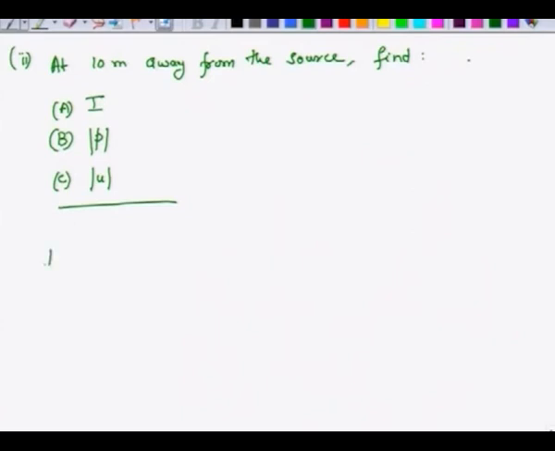So, we start by finding the intensity of this particular source. We know that intensity is the amount of power coming out per unit area. So, it is basically power divided by area. Now, I have my source here, and r equals 10 meters.